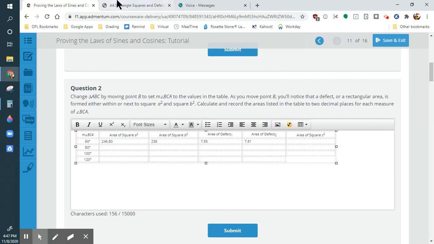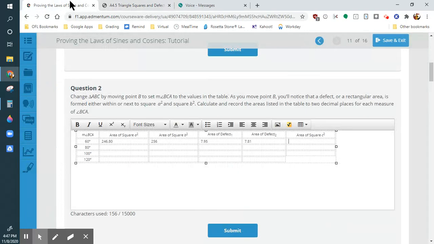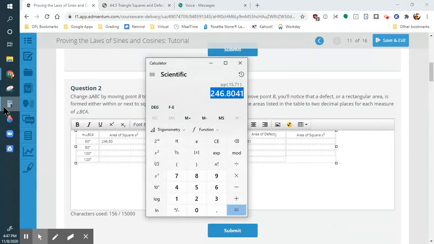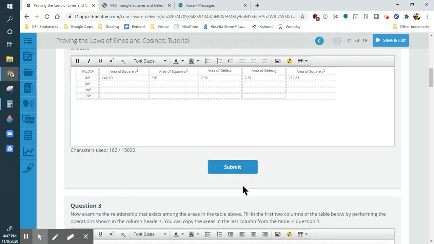I've never seen it explained this way before. So let's see if we're doing this right. C is 15.9, so we're going to want to do 15.9 squared, which is 252.81. I hope this is the way they want you to do this.